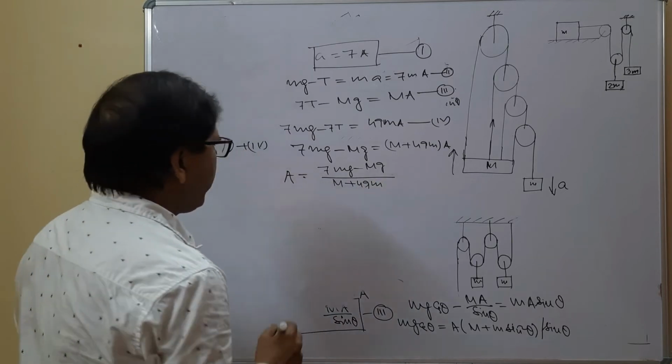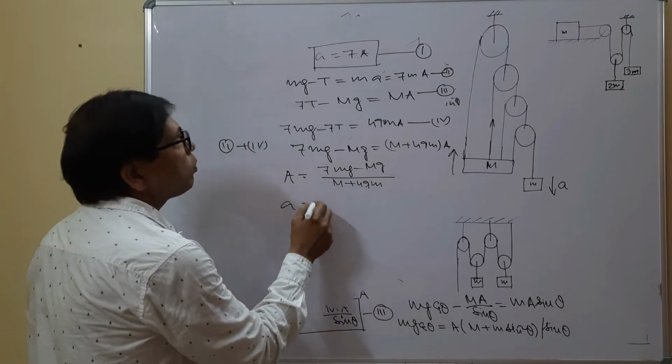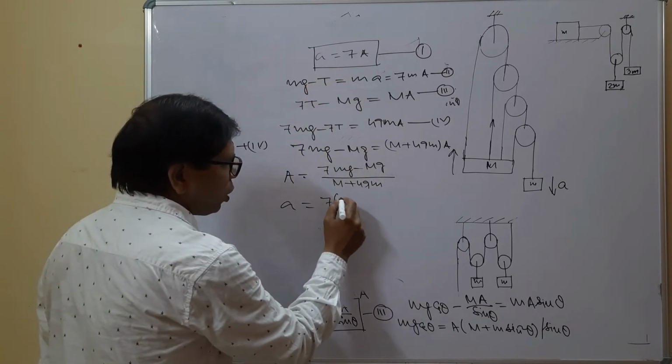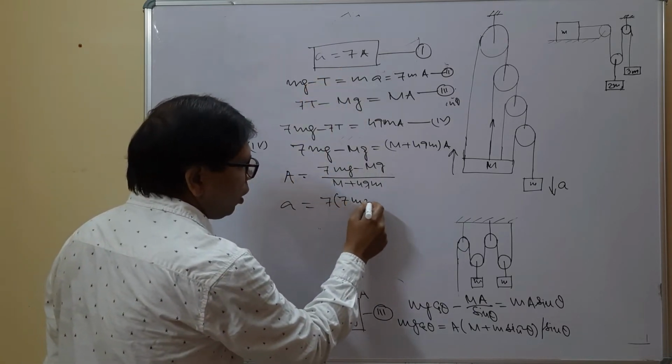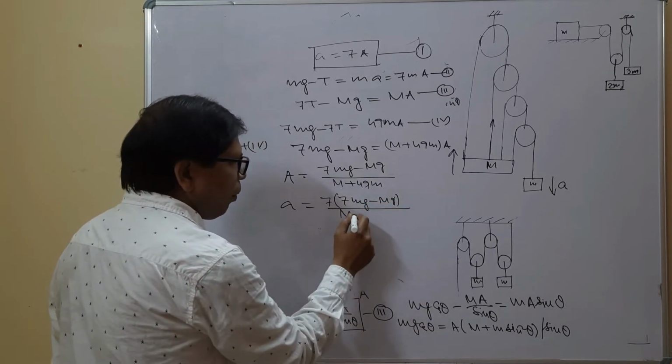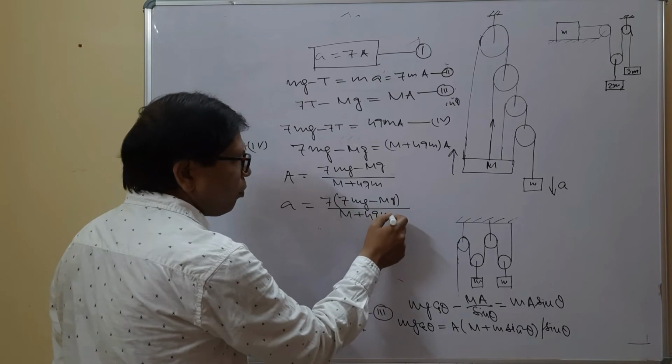And small a equals 7A. So 7 into this, 7m minus capital M g, divided by M plus 49 small m.